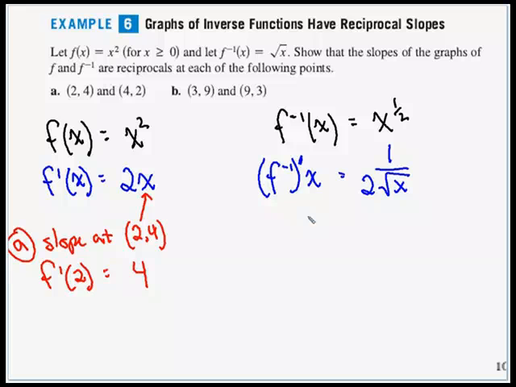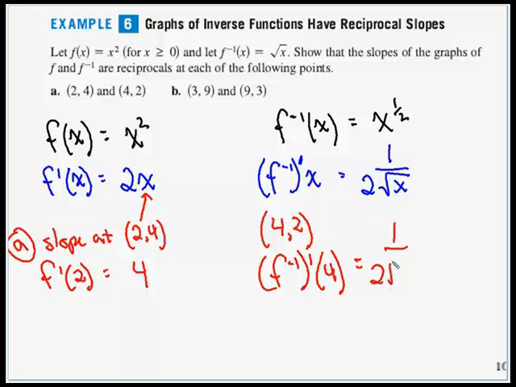Now if we take the flipped point, (4, 2), and we plug that into the inverse, f inverse prime of 4, we're going to plug in a 4 for this x. The square root of 4 is 2. 2 times 2 is 4. We have 1/4. And again, these are reciprocals. 4 and 1/4 are reciprocals.